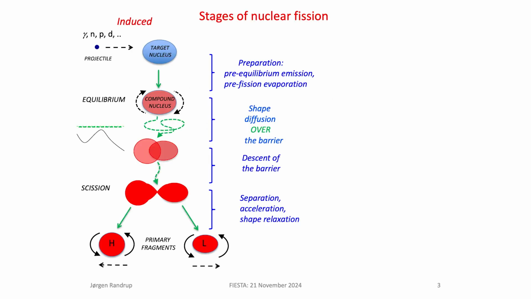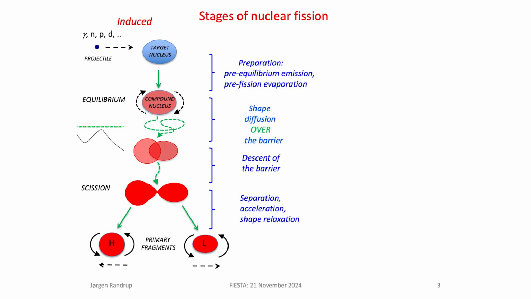All right, so stages of fission, right? What we mostly talk about is induced fission. So you have a cold nucleus, it's blue because it's cold. You shoot something at it, say a neutron. Then it gets excited and it can establish equilibrium. Maybe there are pre-equilibrium processes first.